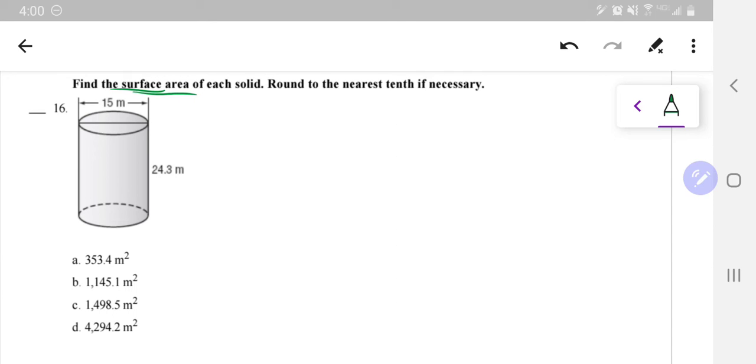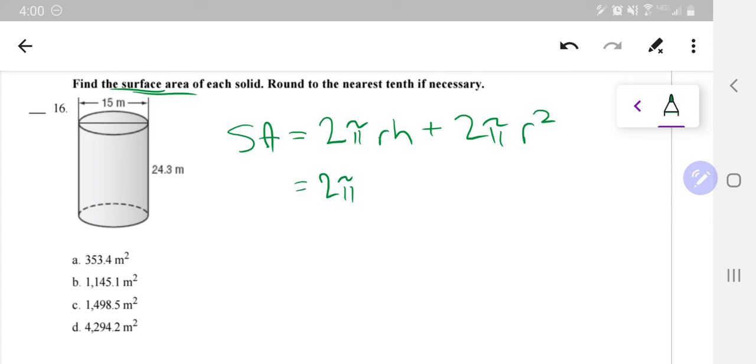Number 16, we're back to surface area. Surface area of this cylinder. And that's going to give us surface area equals 2 pi r h plus 2 pi r squared. Now we're going to substitute in the radius.